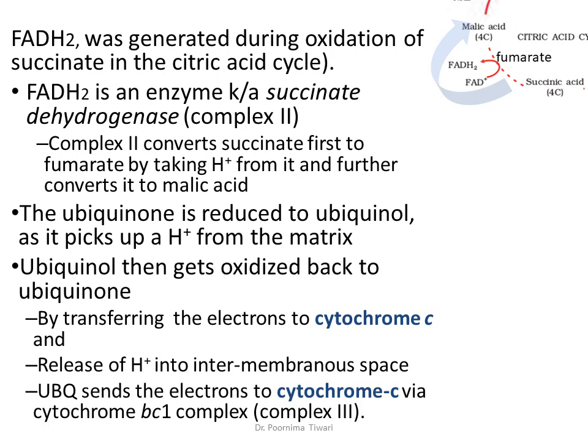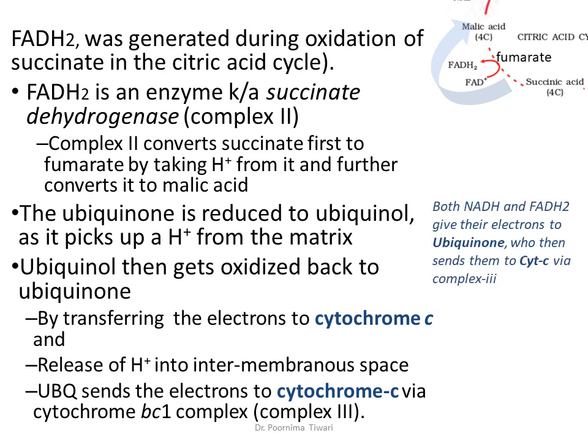Ubiquinone ultimately sends electrons to cytochrome C via cytochrome BC1 complex, or complex 3. So both NADH and FADH2 give their electrons to ubiquinone, which then sends them to cytochrome C via complex 3.